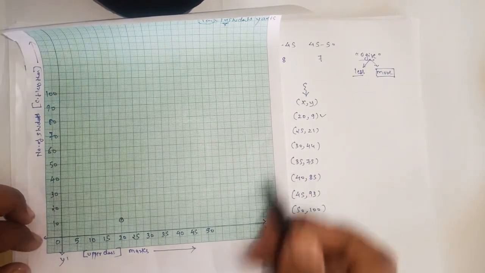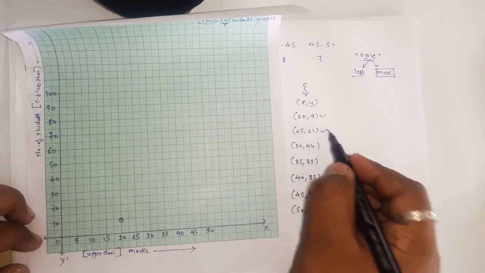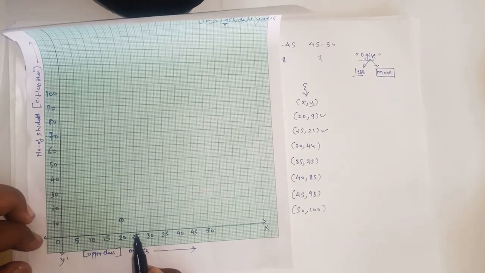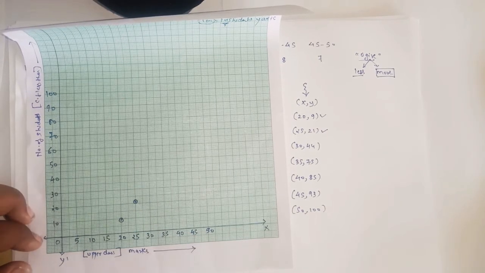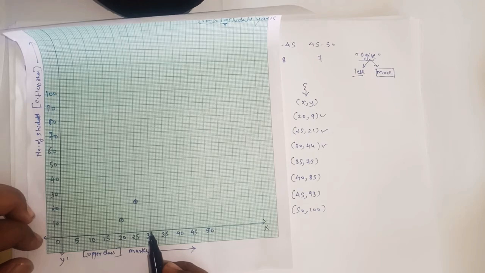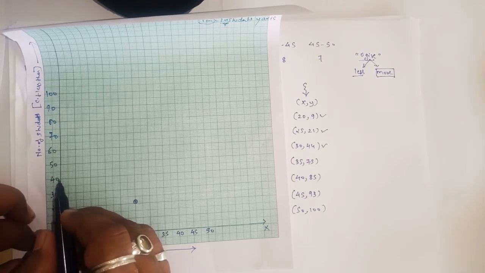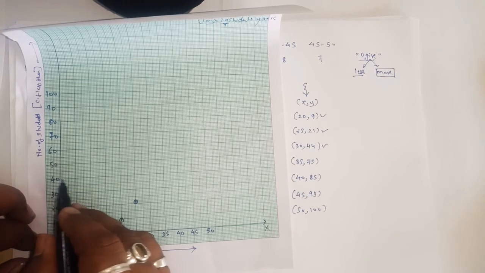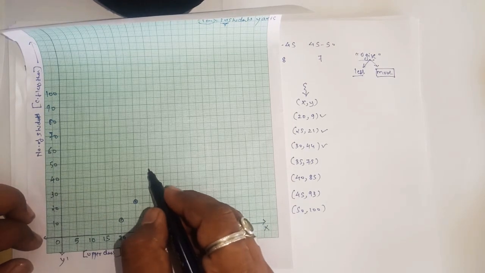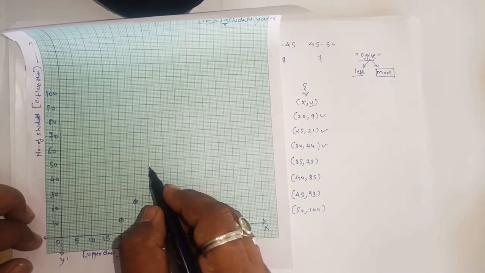Then after that the second point is 25 comma 21. So here on the x-axis 25, and 21 will be up somewhere here. Then 30 comma 44: 30 is here, and then 44, so this is 40, 50, so 44 will come between these, somewhere here.